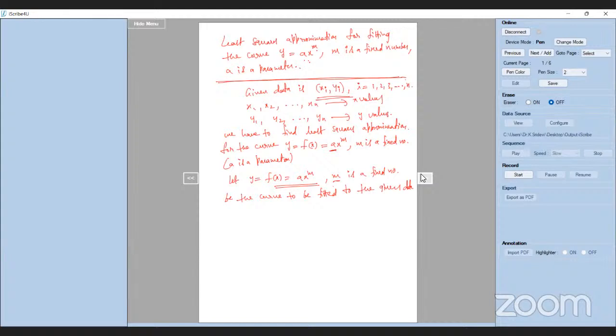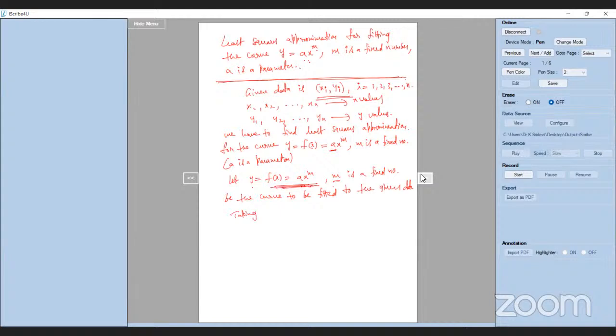How to fit it? Suppose the given function is in this form. How to fit this function to the given data by using the least squares approximation method? So to fit it to the given data, we have to take logarithm on both sides for our convenience.